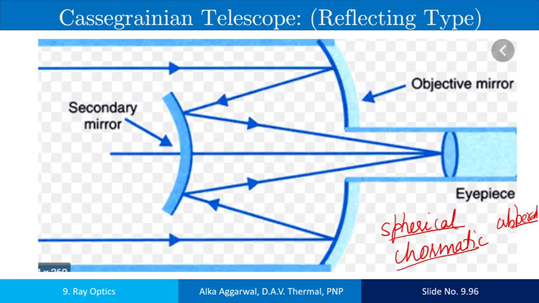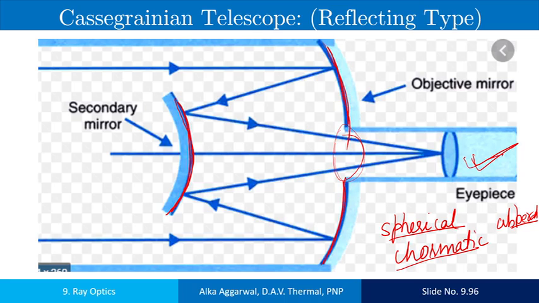In this, the objective is a large parabolic mirror with a hole at its center. A small convex hyperbolic mirror is placed in front of the objective. A convex lens acts as the eyepiece.